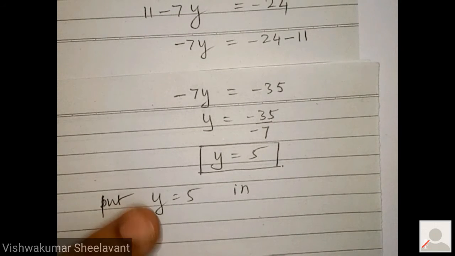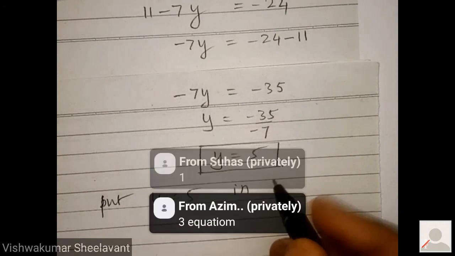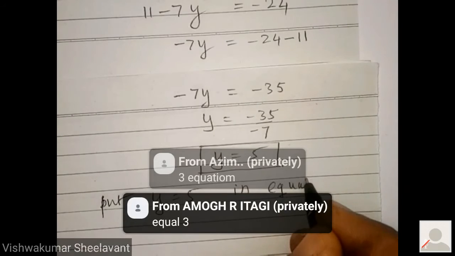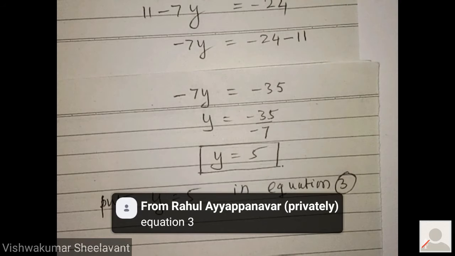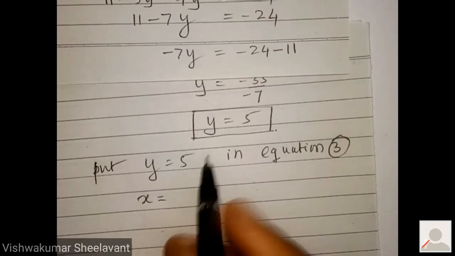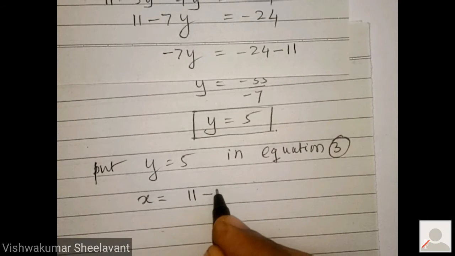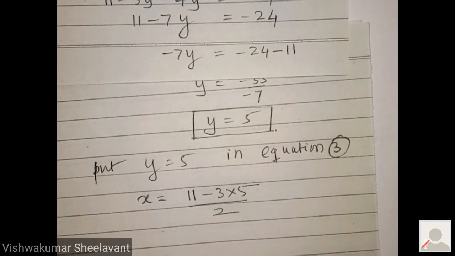Where I have to put y equal to 5? Very good. In equation 3. Correct. So you'll get x equal to 11 minus 3 into 5 divided by 2.